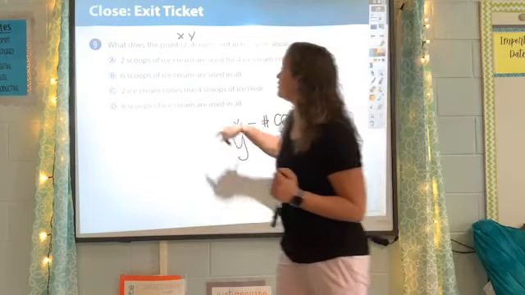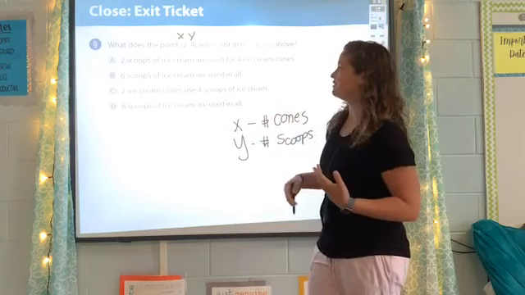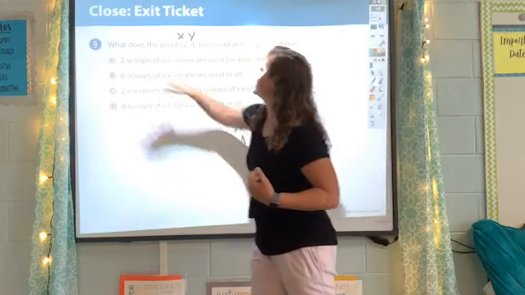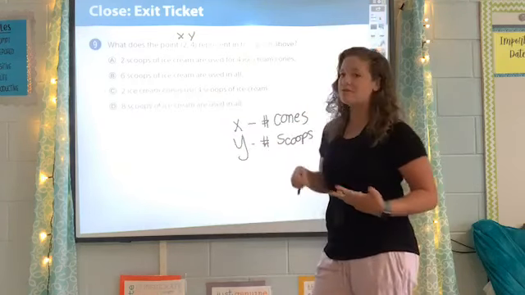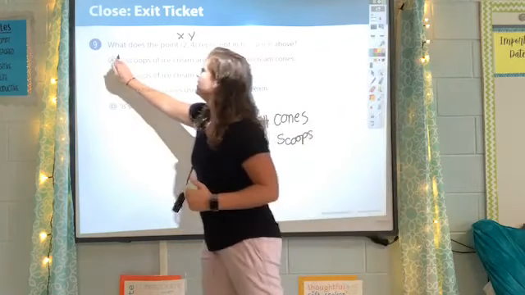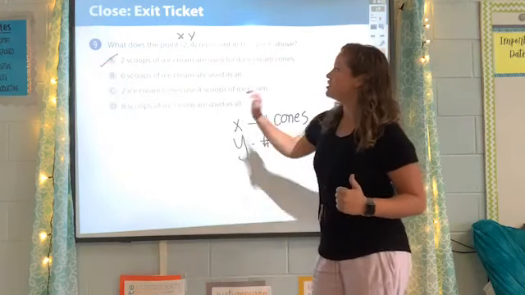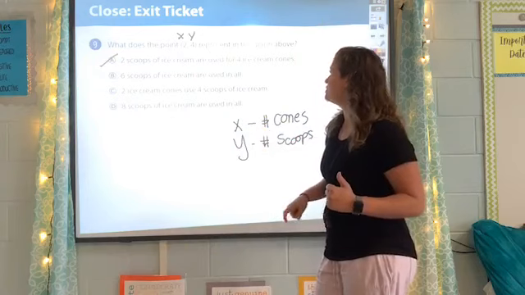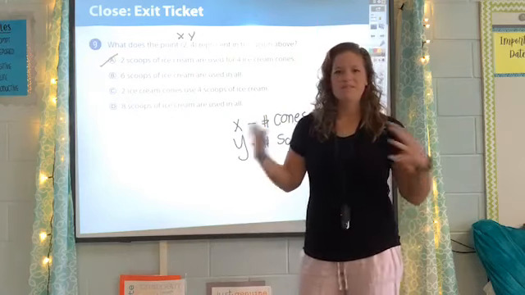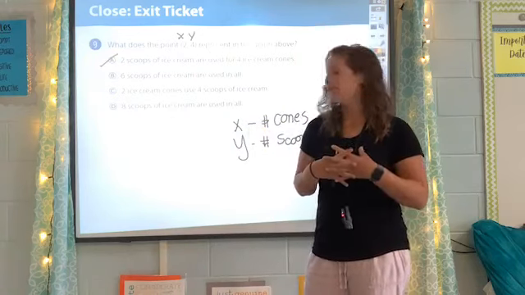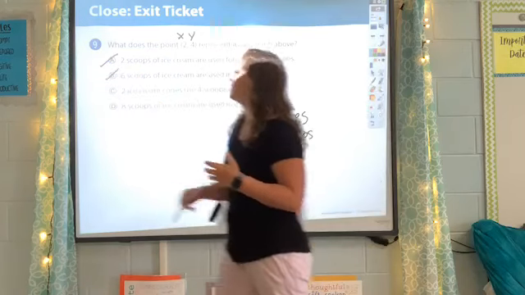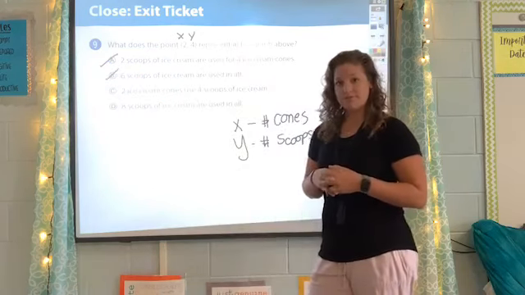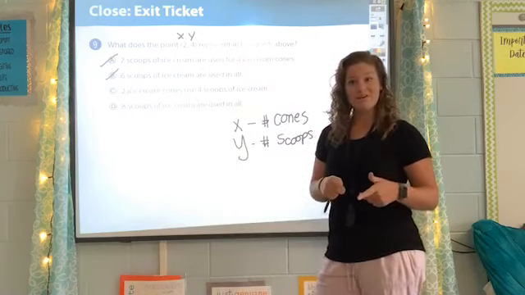So I know that I'm going to have 2 cones. A says 2 scoops of ice cream. Is that what we said? No, it's not. We're going to go ahead and cross that out. 6 scoops of ice cream are used in all. Are we supposed to be adding those 2 together? No. So we're going to cross that one out. 2 ice cream cones. Okay, we did say we needed 2 ice cream cones.